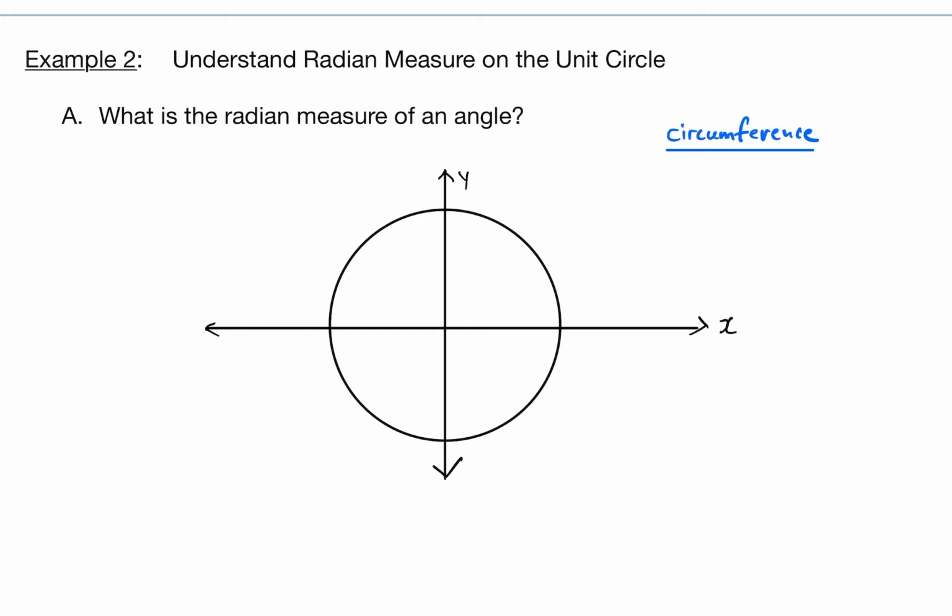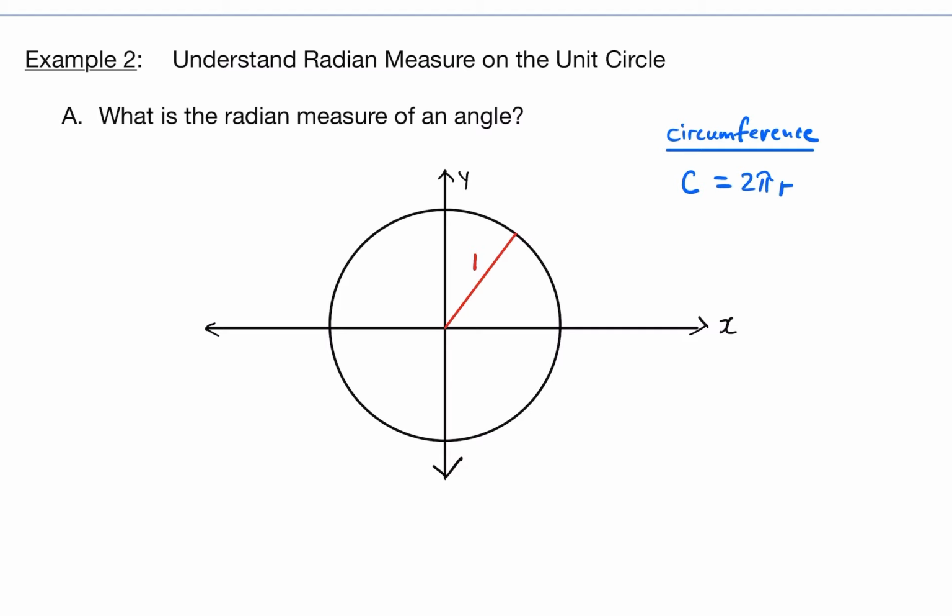We're going to call circumference C, and that is equal to 2 pi times the radius, okay? In a unit circle, we know that the radius is equal to 1, okay? That's the unique nature of the unit circle.